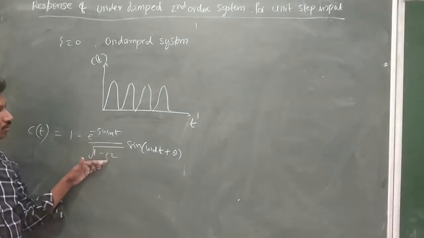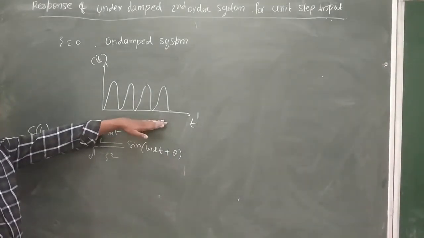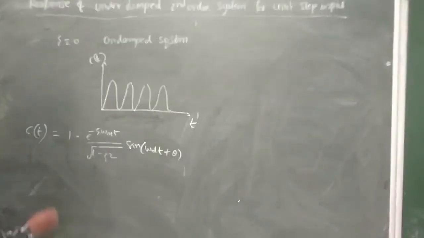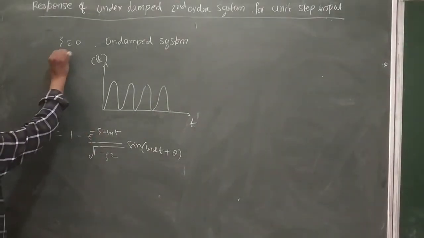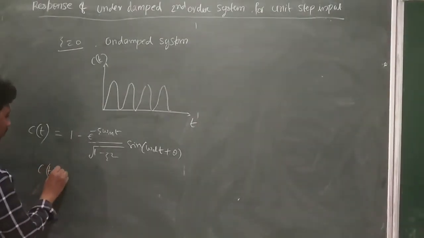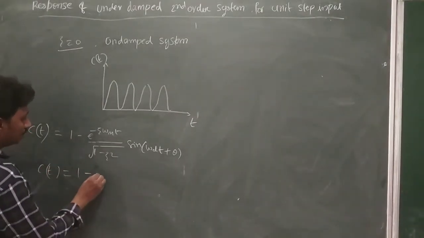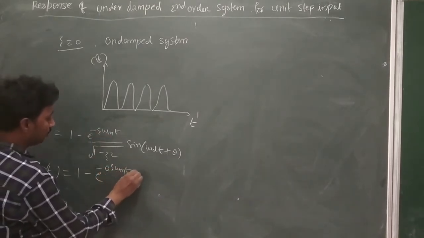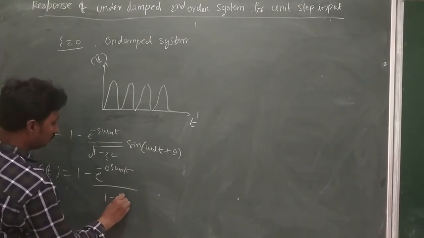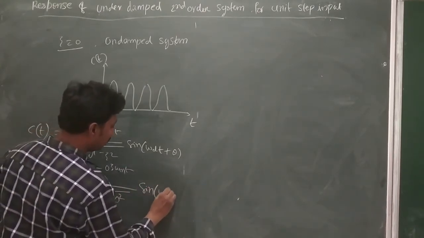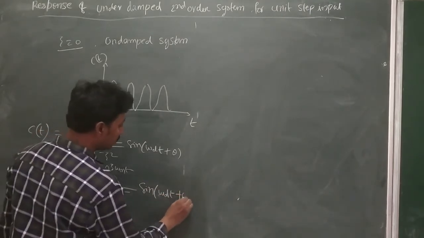From this equation only we can derive this undamped system response equation, right? So here you substitute damping ratio is equal to 0. Okay, so you get c of t is equal to 1 minus, if you substitute 0 here, e raised to minus 0 omega n t by root of 1 minus 0 square, sin omega d t plus theta.